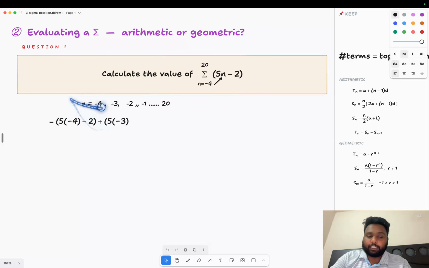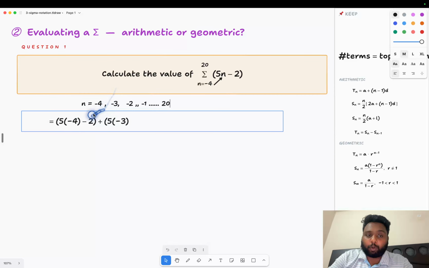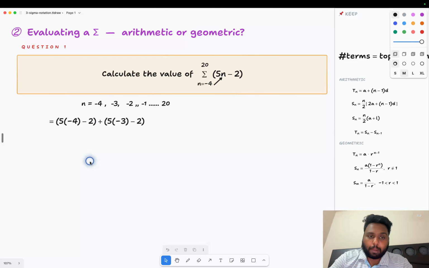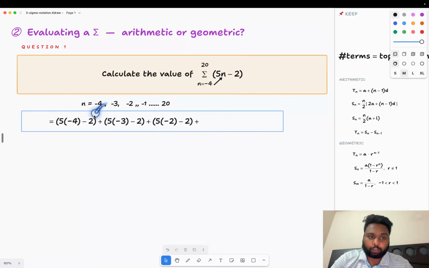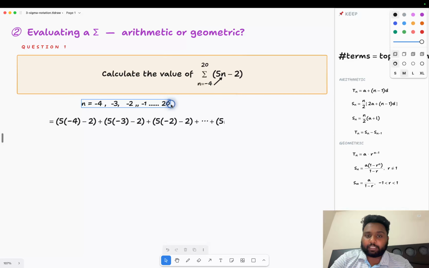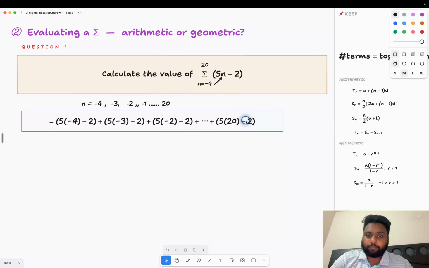These are all the values of n that I will substitute. Let me substitute minus 4, minus 3, minus 2, and then directly 20.